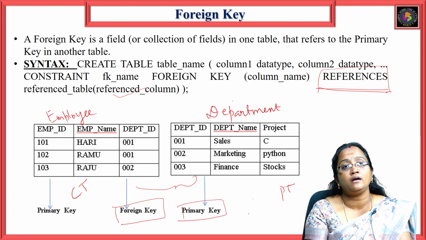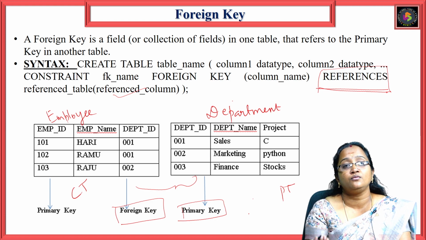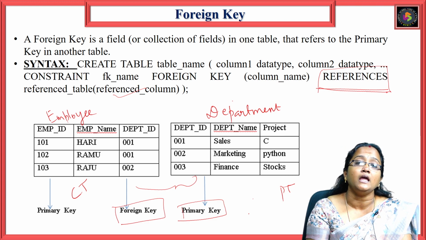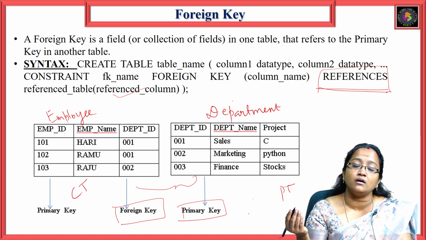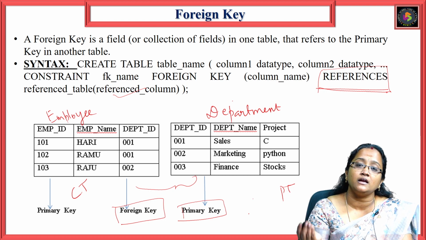So whether you insert values, update values, or do any other operations or manipulations, that should be done in the department table first, and only then can we do the operations in the employee table, because the department ID is referring to the department ID in the department table.